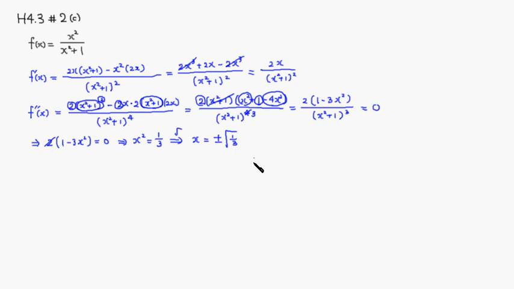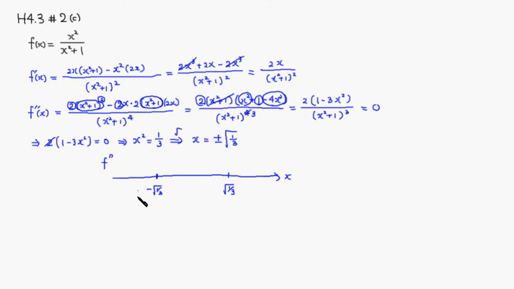Now let's do a number line for f double prime so that we can observe the concavity. You have negative square root of 1/3 and positive square root of 1/3. Let's look at the signs of f double prime.